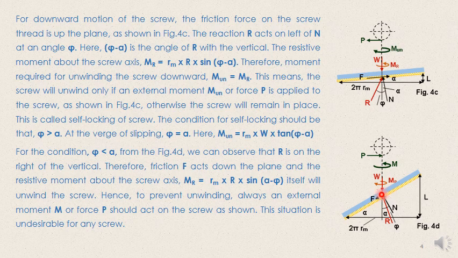But this one is creating what? Downward direction means the screw is moving upward. A certain amount of friction force is in the downward direction, which means it is opposing the motion of the screw thread in the upward direction.